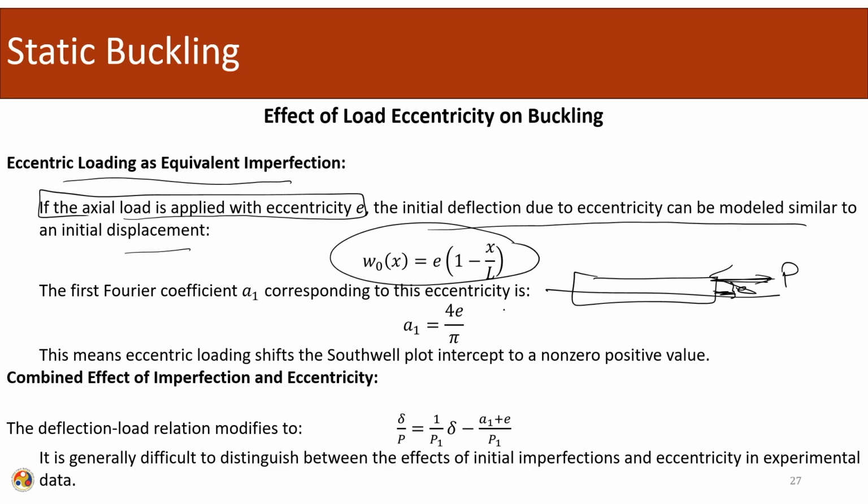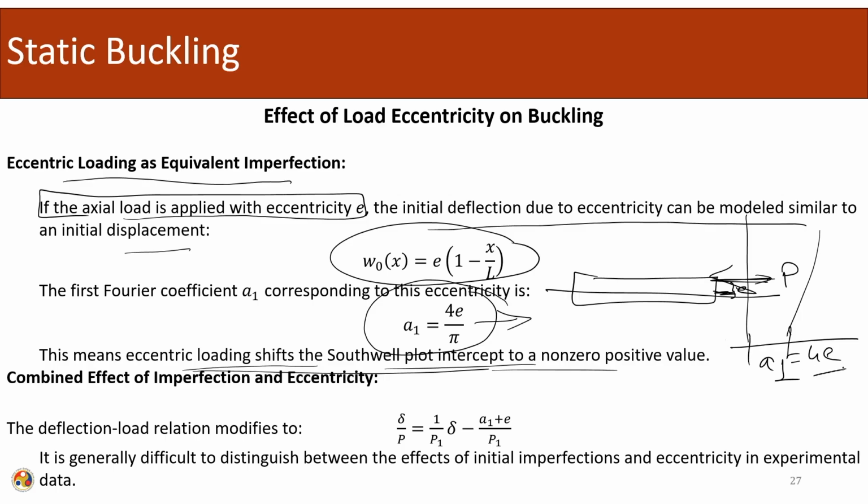The first Fourier coefficient A1 is given by this equation. So, the Southwell point is shifting towards a non-zero positive value. The A1 value will be somewhere here, and the first value is given by 4E over pi. Now, the deflection load relation modifies to this equation.